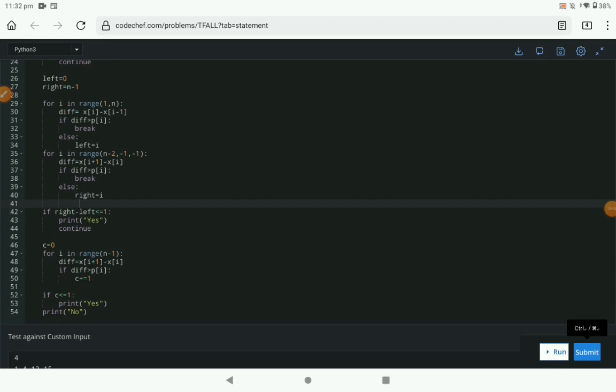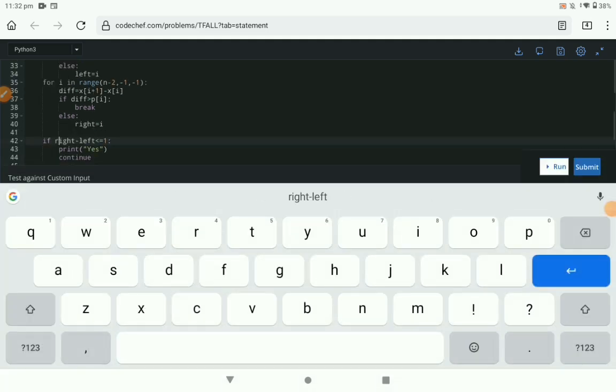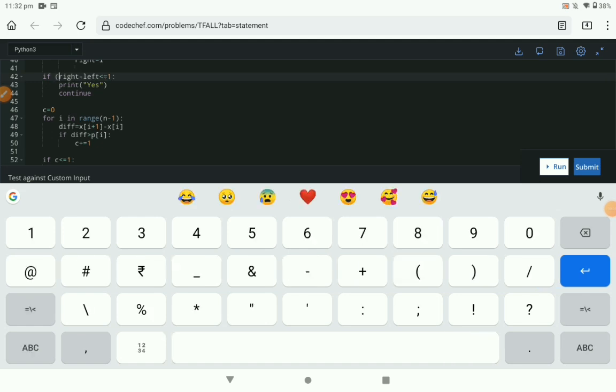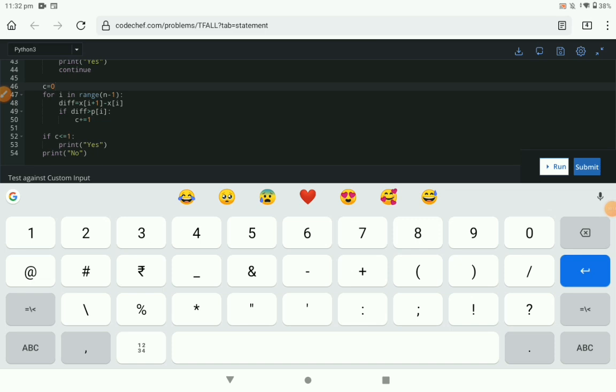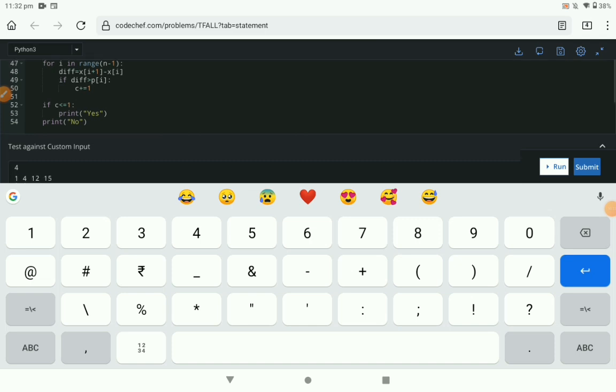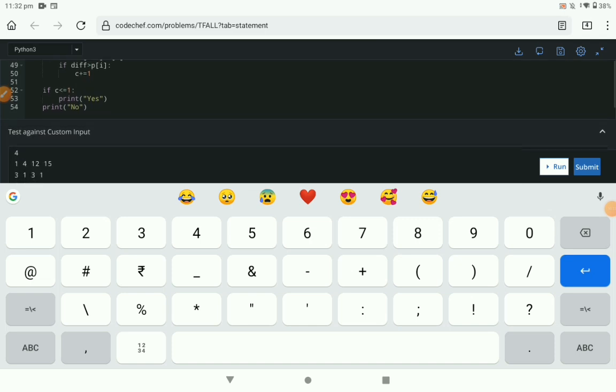If right minus left is less than or equal to i, print continue. For i in range n minus 1 of x, minus x of i, take, print as continue.